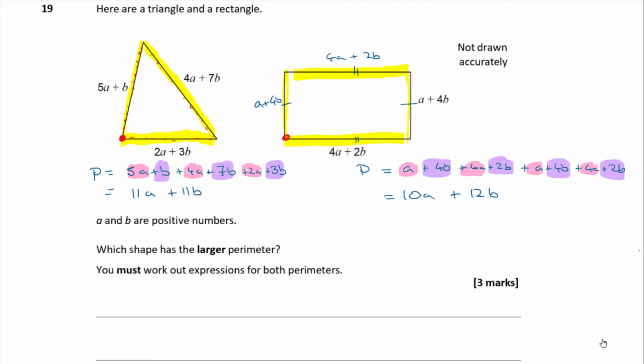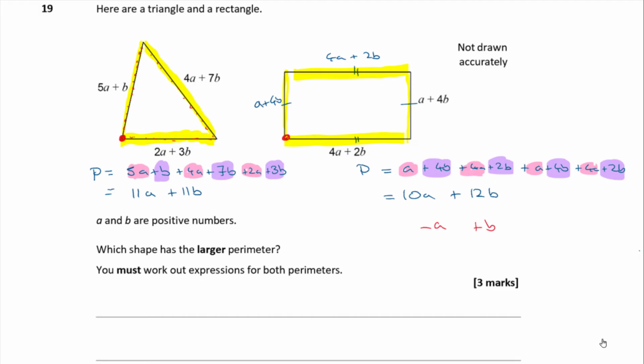Now I sat and stared at this for a minute or two thinking, what have I missed? But I don't think I have missed anything. I just think that you can't tell from what we've got on the page. If you had 10a plus 11b, then I could see that 10a plus 12b was bigger. But here I don't know, because I've got one less a, but I've got one more b.